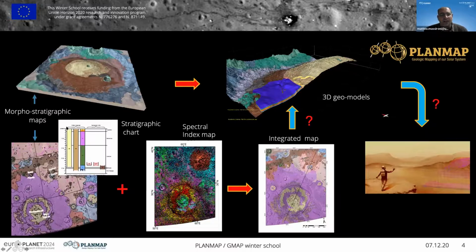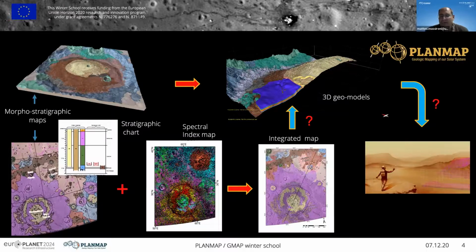Then we integrate this map with information from spectral indexes derived from cubes, to have new maps that integrate the morphological information with the lithological or compositional information, or at least the spectral behavior of the material on the surface. So these maps are much more similar to the Earth ones.